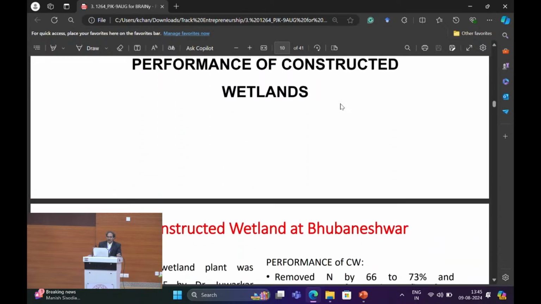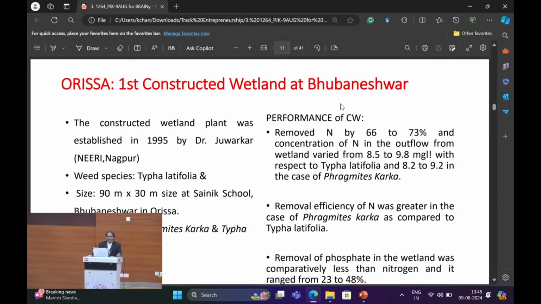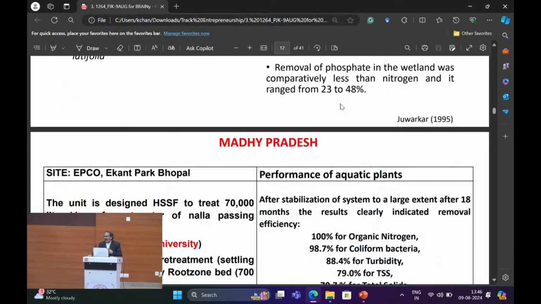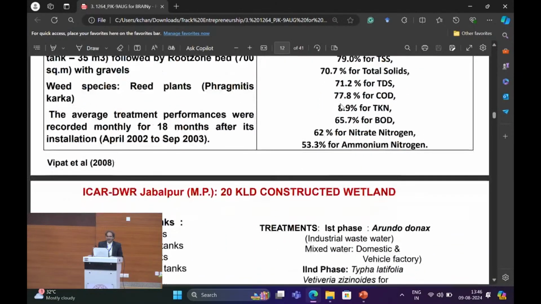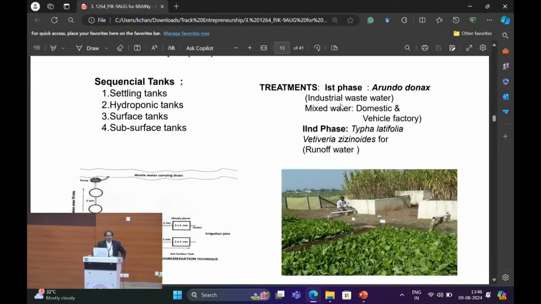different structure. State-wise, the first such structure was developed at Bhubaneswar in Odisha by the Navy scientist. And then the performance here: BOD and COD. So I think I should come to the conclusion. In Madhya Pradesh, this is our work.